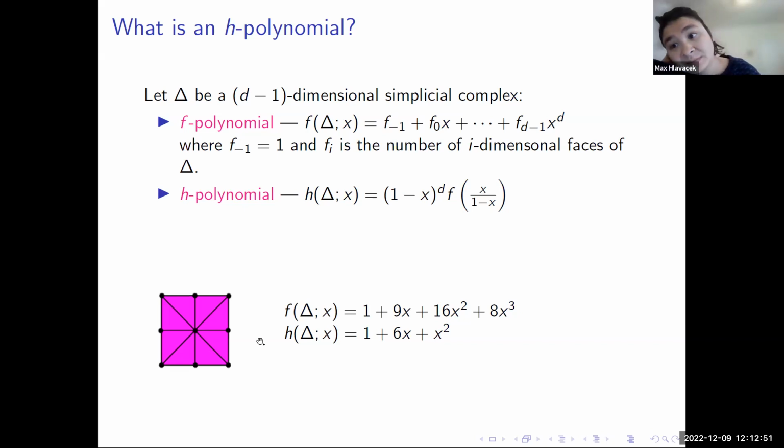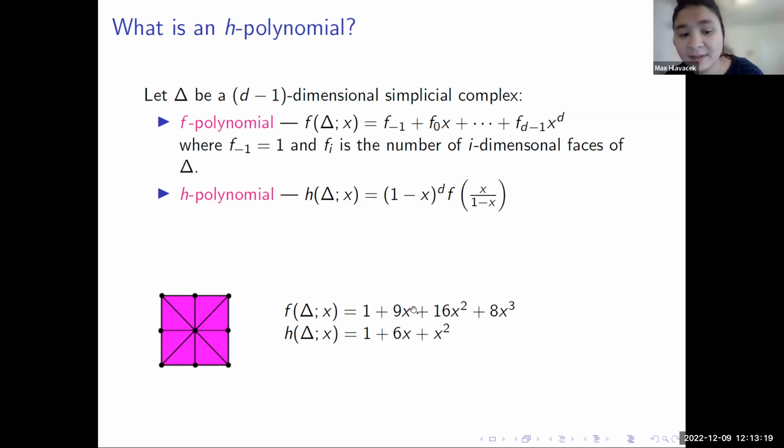There are a lot of nice results concerning f-polynomials. People ask what kind of shape the coefficients make. In particular, for simplicial spheres, there are the Dehn-Sommerville relations, which say that if you know half of the coefficients of the f-polynomial, there is a summation formula that gives you the other half.